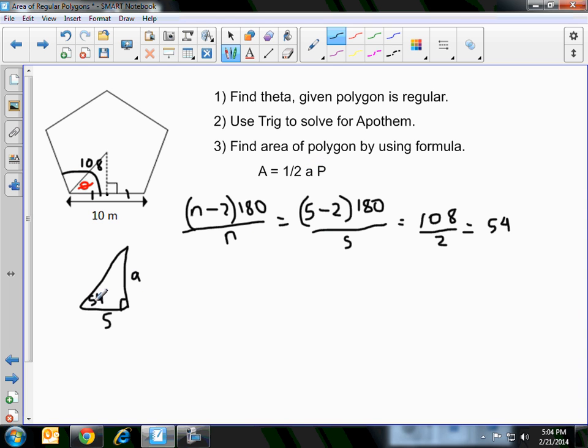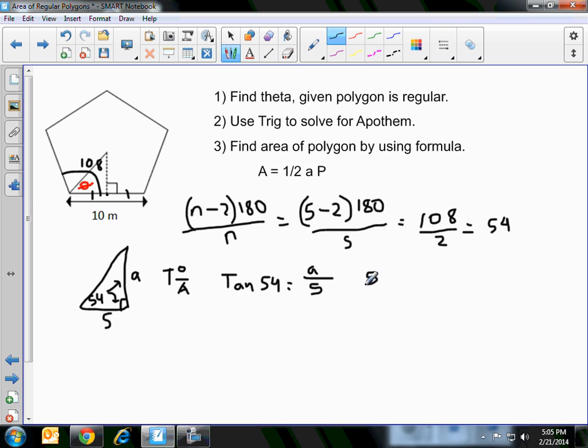And my apothem using trig is opposite over adjacent. Opposite over adjacent is, like the last video, we use tangent. So I'm going to write an equation now that will help me solve for a. We're going to have the tangent of 54 degrees is equal to the opposite over the adjacent. I'm going to use the calculator to solve that.